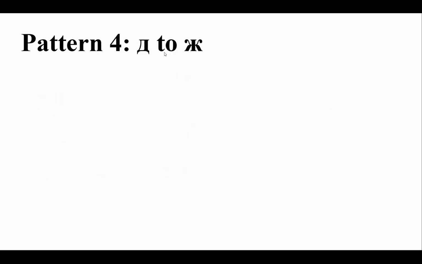It's the letter to zh, the letter to zh. So we've just seen that we're changing g to zh, or z to zh. Why are we doing that?